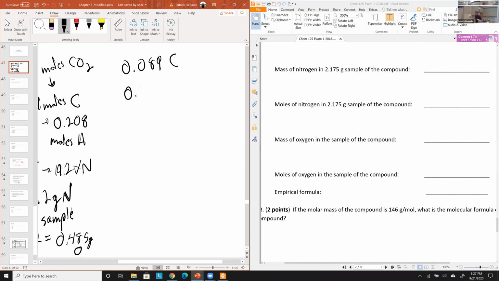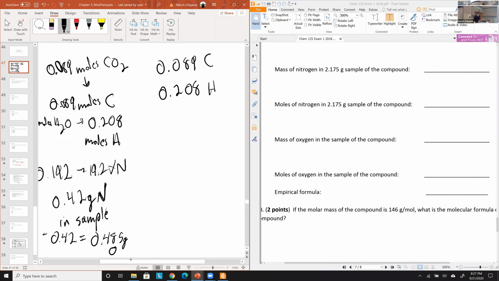We have the hydrogen, 0.208 hydrogen. We have the nitrogen, which is just finding the moles that's in 0.42. So 0.42 divided by 14, you get 0.03 nitrogen.